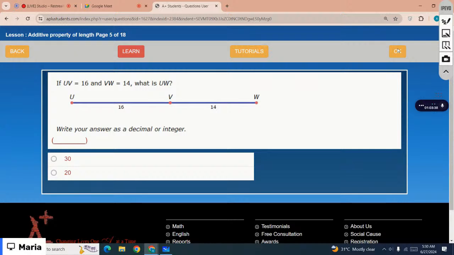If UV equals 16 and VW equals 14, what is UW, which is the correct option?